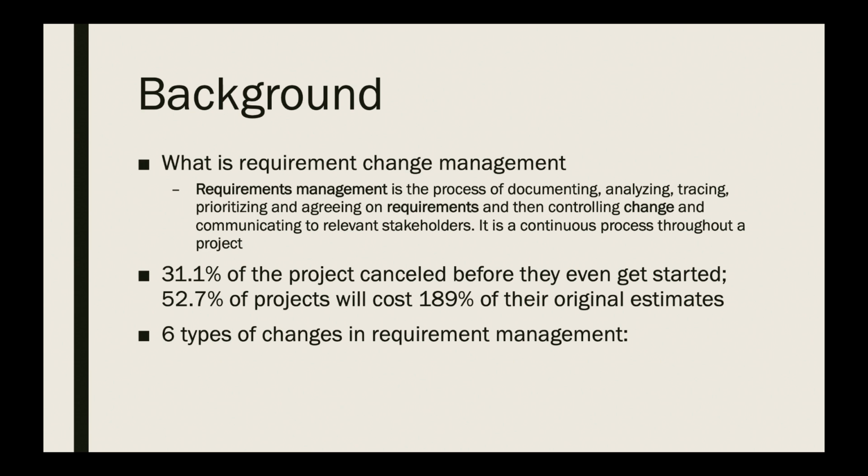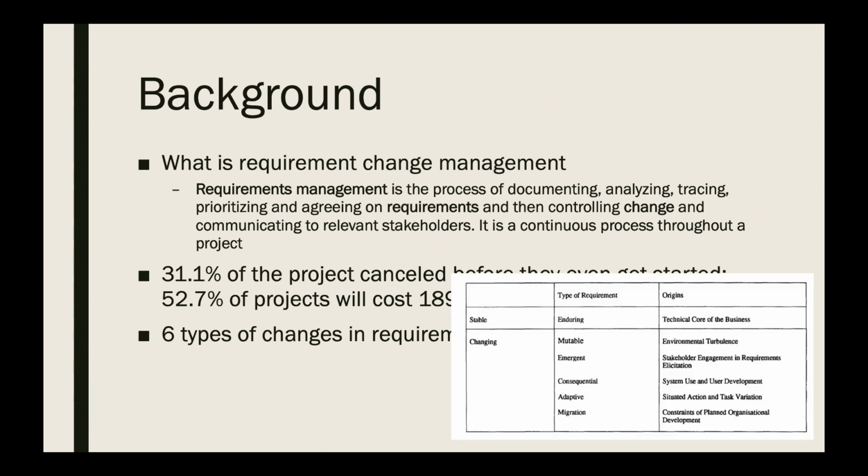And next, I want to talk about 6 types of changes in requirement management. Here is a table that shows all the different types of requirements and where their origins are from.